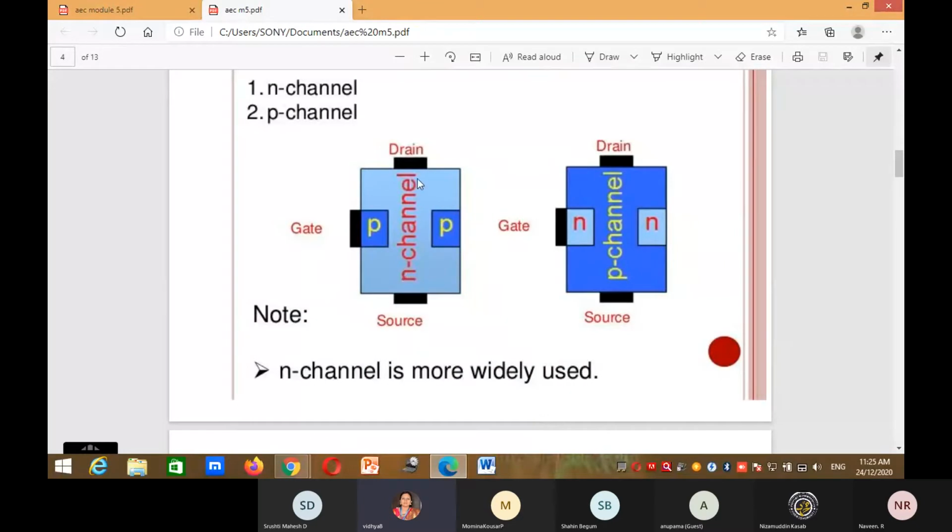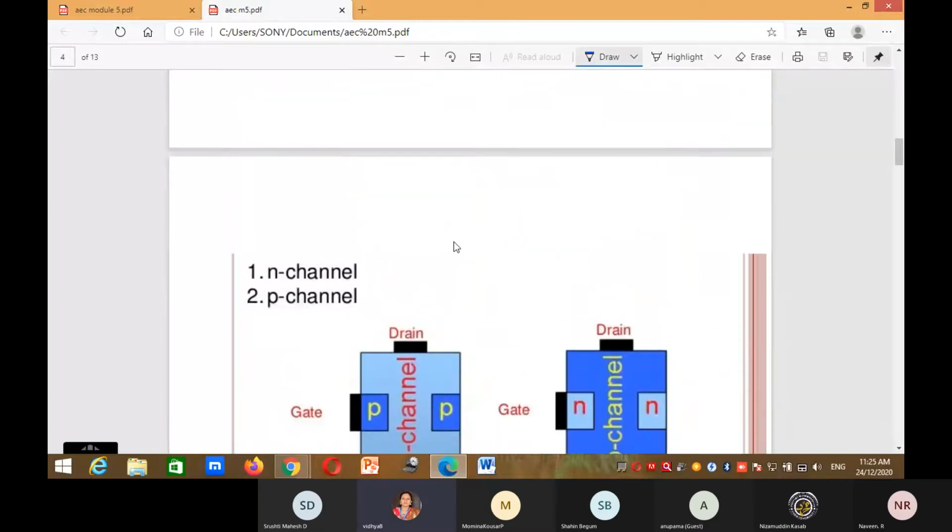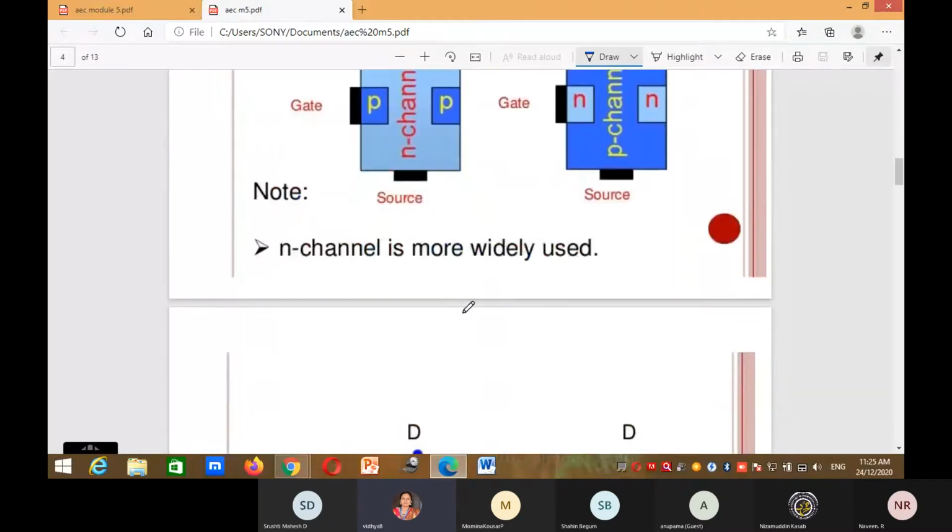You can observe here the N channel is in the middle. This is P, and here there is a PN junction. There are two PN junctions here, the same here also, an NP junction. So the channel is in the middle. This is nothing but the channel. In JFET we have N channel and P channel. In MOSFET we have D and E, where D is depletion and E is enhancement.